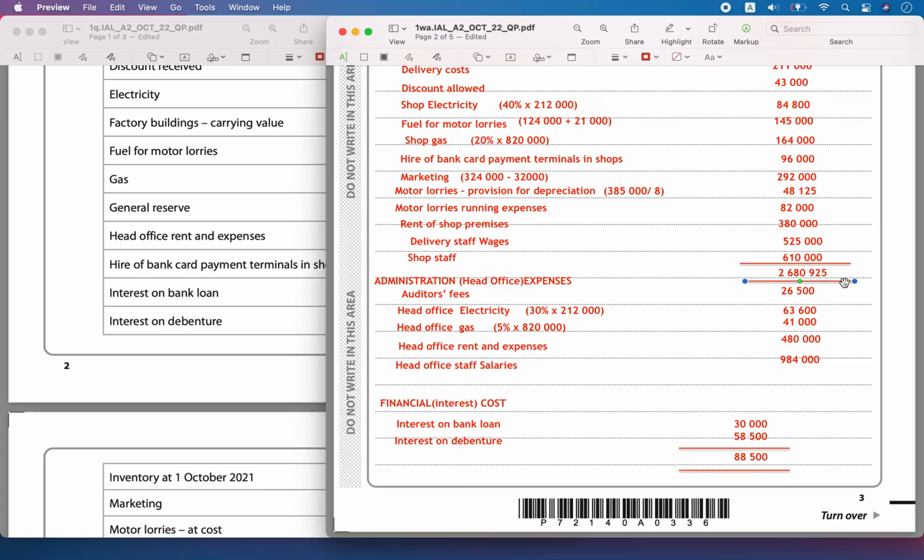Now let's calculate the total administration expense. The total administration expense is 26,500 plus 63,600 plus 41,000 plus 480,000 plus 984,000.